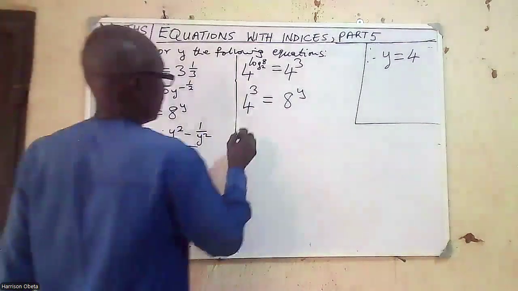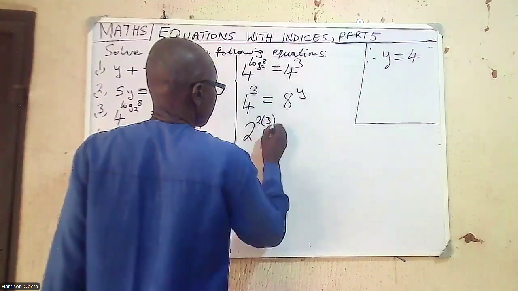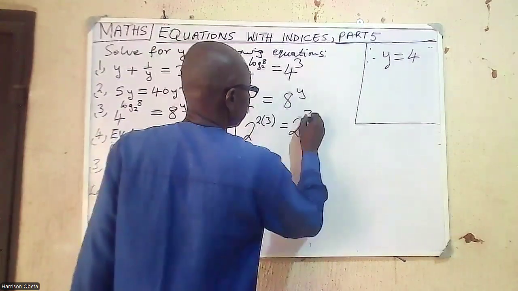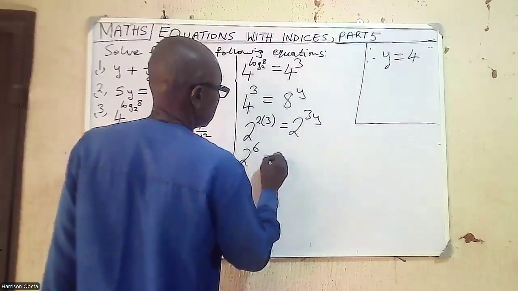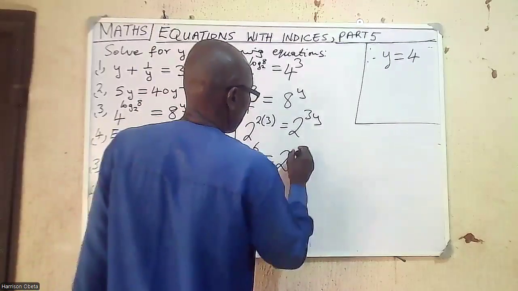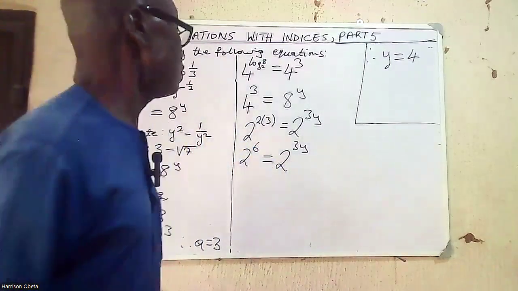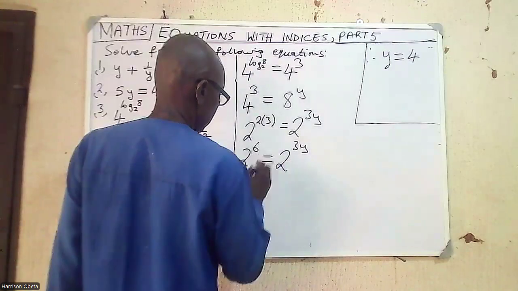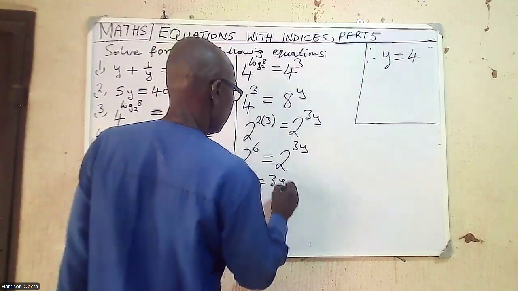Then changing the whole thing, we have 2 raised by 2 into 3 is equal to 2 raised by 3y. 2 raised by 6 is the same thing as 2 raised by 3y. Then you equate the powers as usual, and that will give us 6 is equal to 3y.